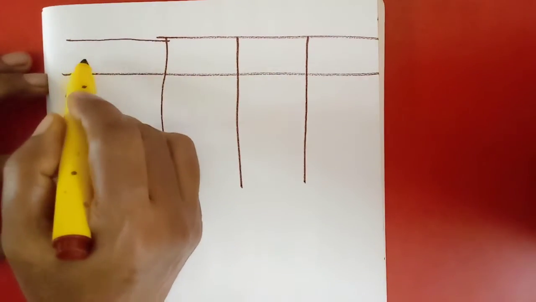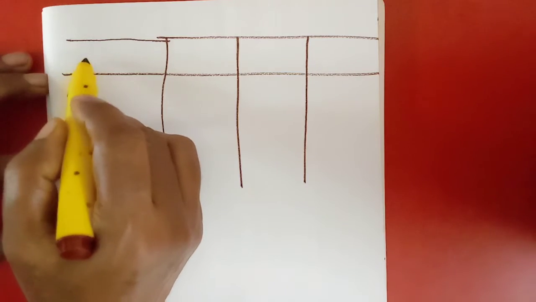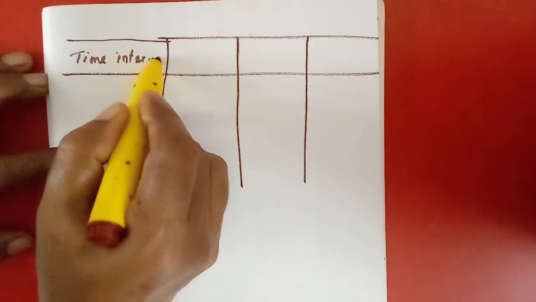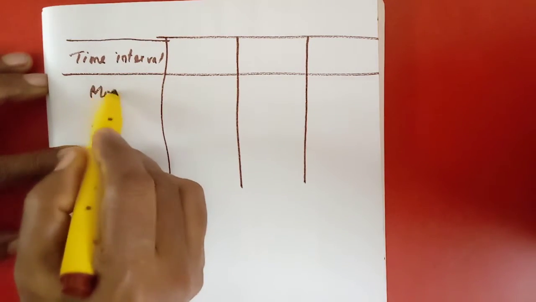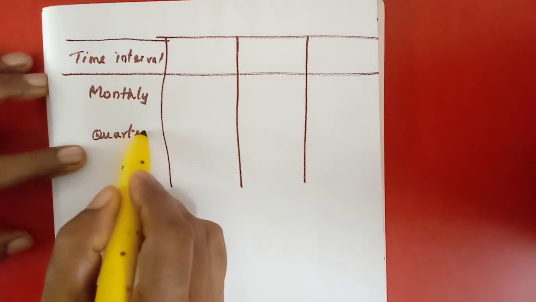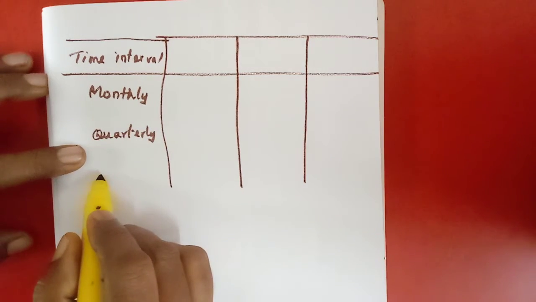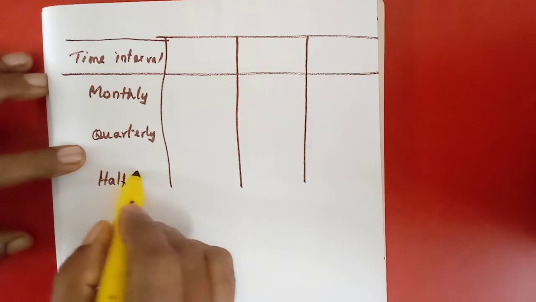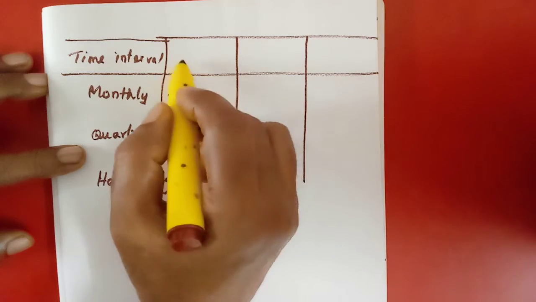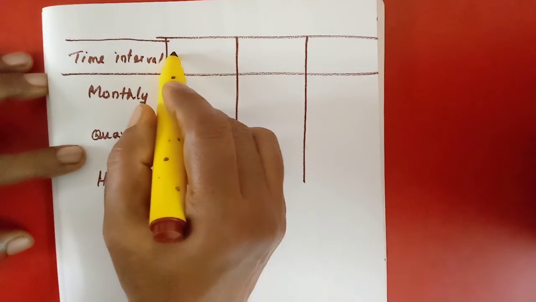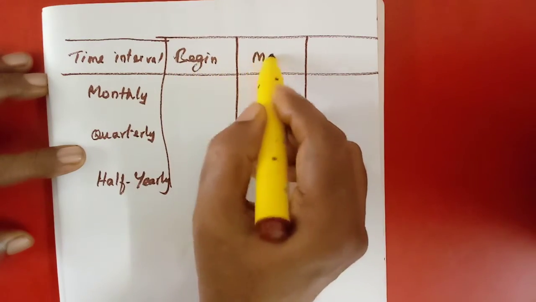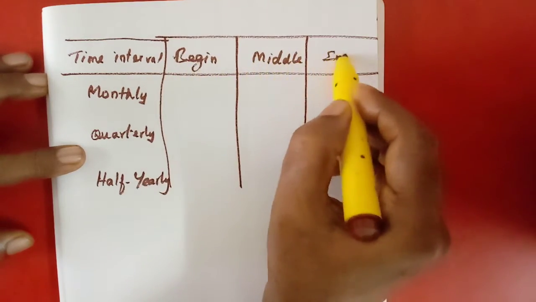Here the time interval of withdrawal may be monthly, then quarterly, then half-yearly. Now the time of withdrawal: maybe at the beginning, here in the middle of the period, here the end of the period.